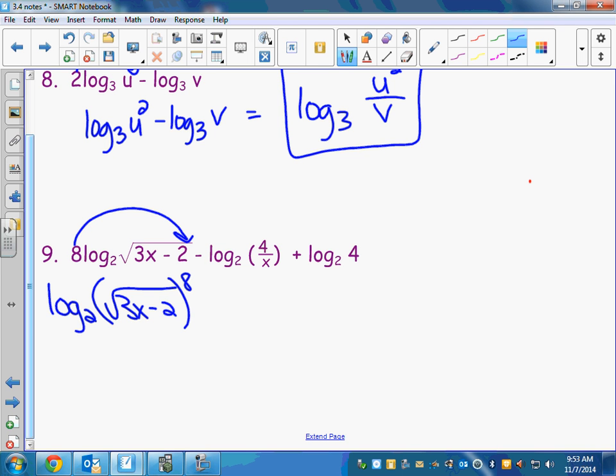Yes. Because what is the square root the same as? 1/2. So 3x minus 2 to the 1/2 power, that's a square root, and then to the 8th power. So yes, when you take the square root to the 8th power, it just is the 4th power.